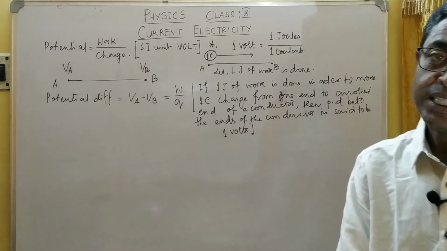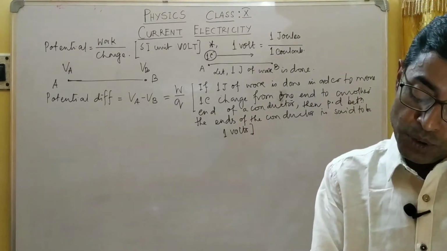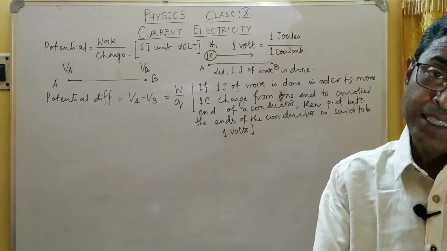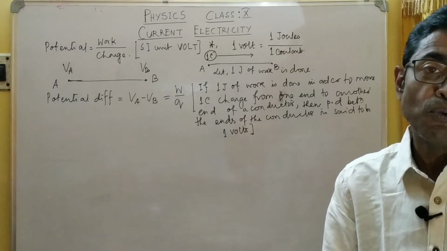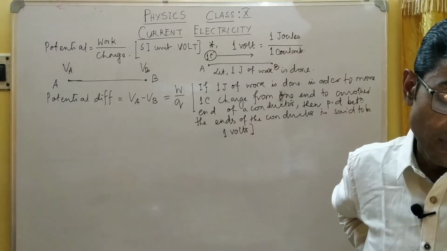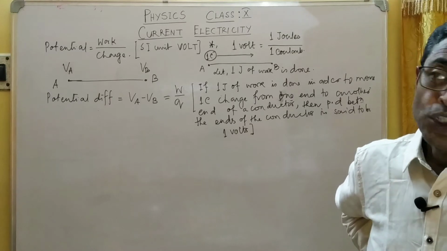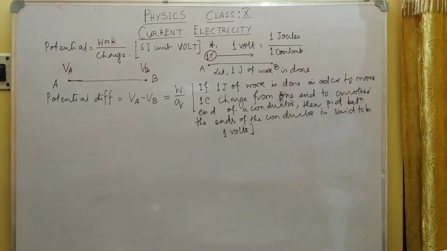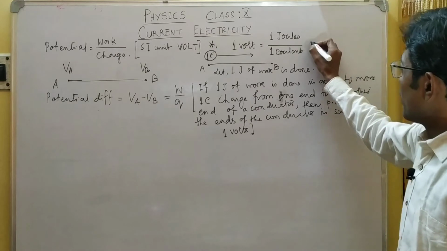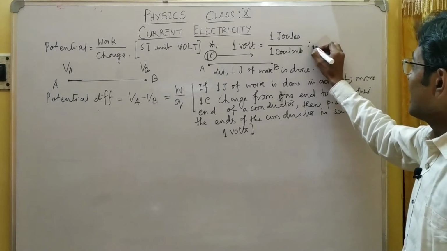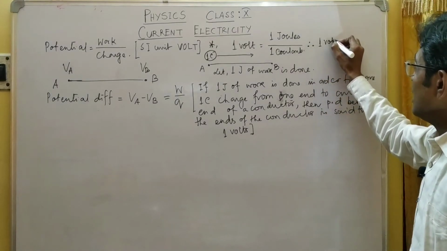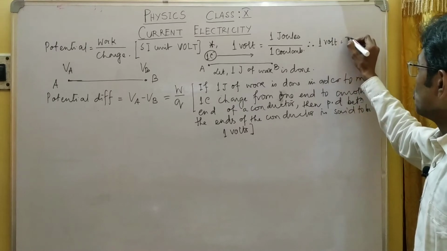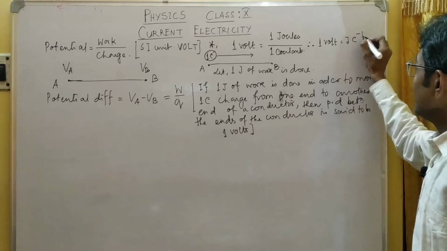So this is potential. Electric potential, I have told you, is the cause for which electrons flow from one end to another end of a conductor. So we can write 1 volt is equal to joule coulomb inverse.